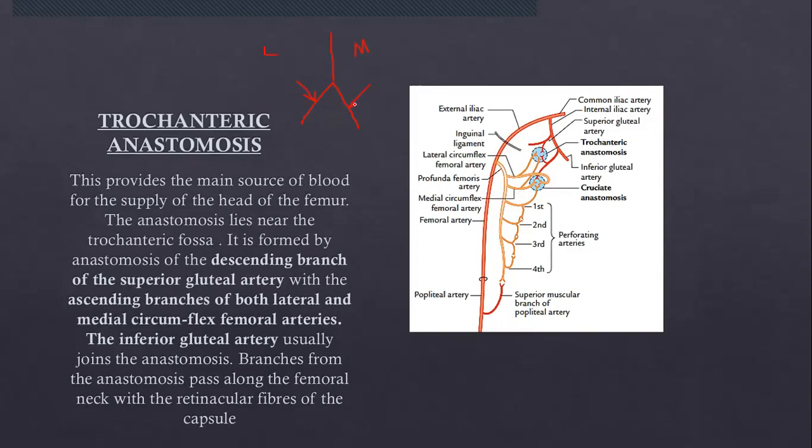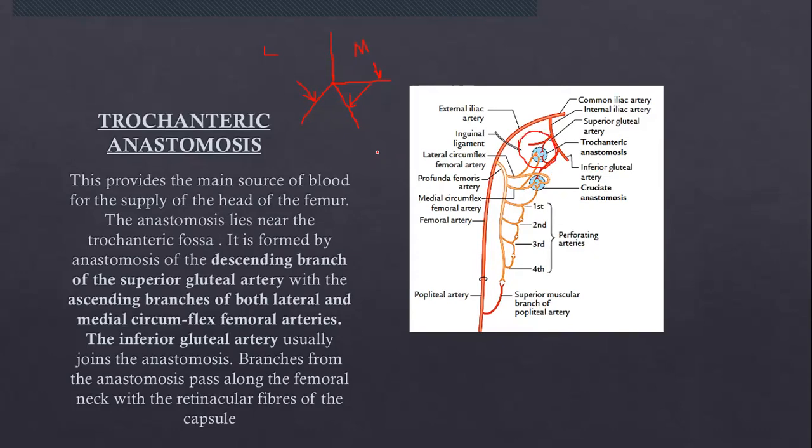This is the ascending branch of medial circumflex femoral artery. Then the inferior gluteal artery will join. This is the inferior gluteal artery. Okay, so this is the trochanteric anastomosis found near the trochanteric fossa. Here it is.